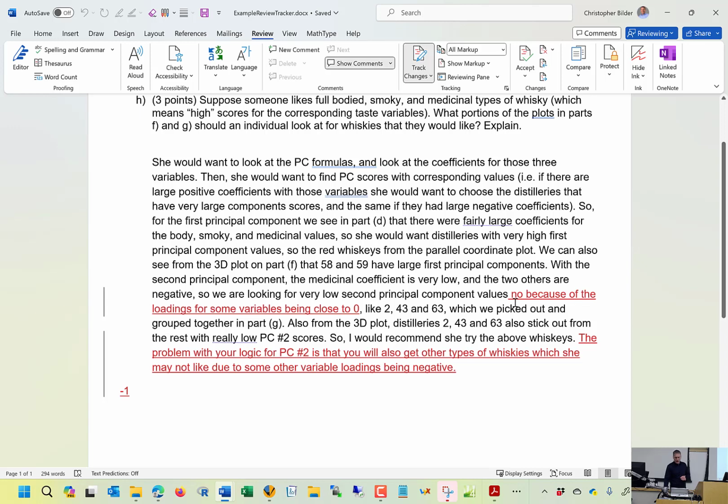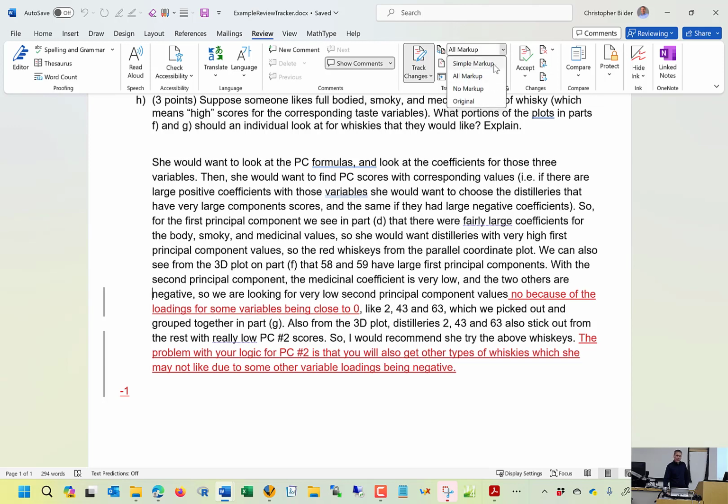So just to make sure there's no confusion, here's a graded problem from another project in another class that I had a number of years ago. You can see in red there, those are my track changes. Those are my comments that I want you to read. You can see the student missed 1 point on part H there. Now, the default in Word, or at least what I've always seen as the default, is that instead of all markup, it's simple markup.